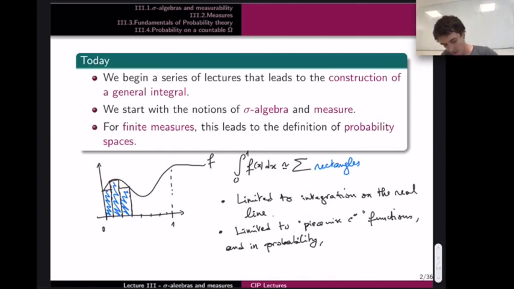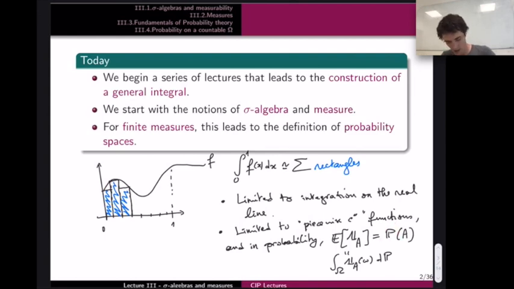If I want to compute, for instance, the expectation of some indicator function of an event A, well, this is, by definition, the probability of A. But this is also, by definition of the expectation, the integral over all possible outcomes, capital Omega, of 1_A of omega. So it's 1 if A happens on small omega, and 0 otherwise. And this is integrated against the measure. Here, this would be understood as a measure.